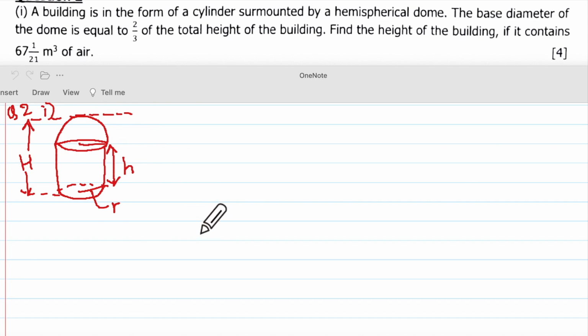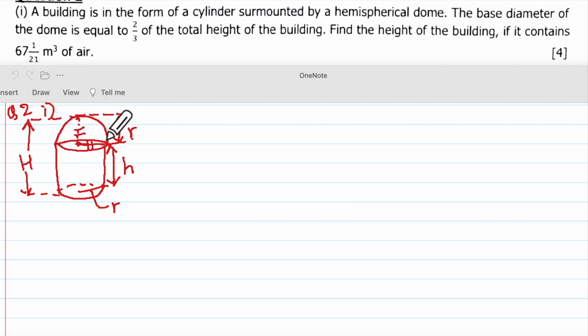You understood? Yes, ma'am. And can you see, is this height over here, this is going to be equal to the radius. Did you understand? This was the important part here. This is hemisphere, so this is also radius, this is also radius.